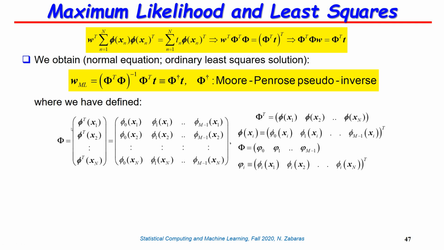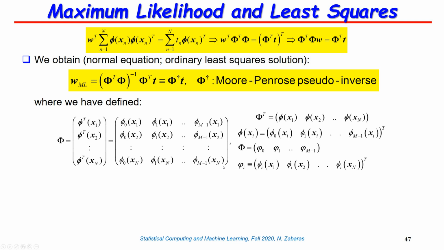So the first row is basically phi transpose of x1, where phi transpose of x1 involves all the basis functions evaluated at x1. So the first row corresponds to the training data point x1. Similarly for the second row, similarly for the nth row.